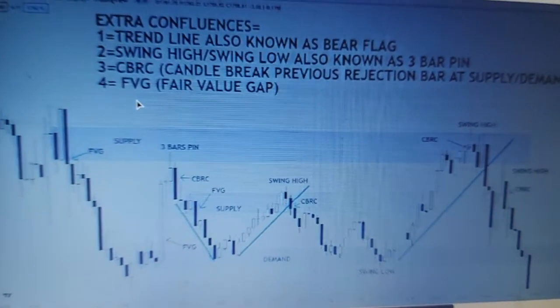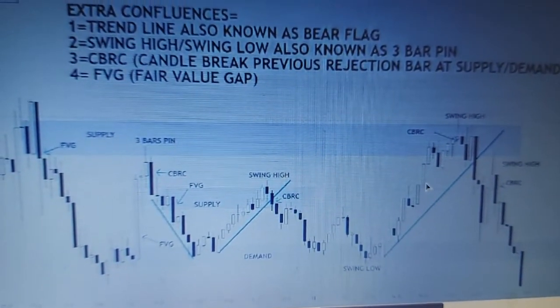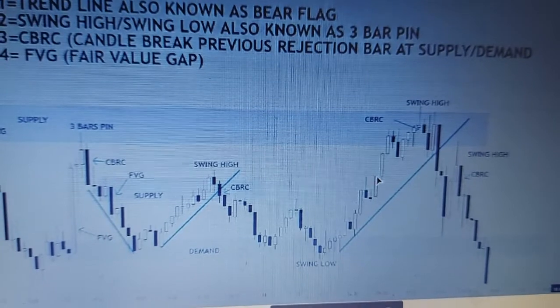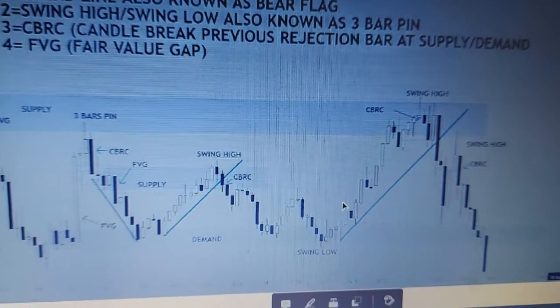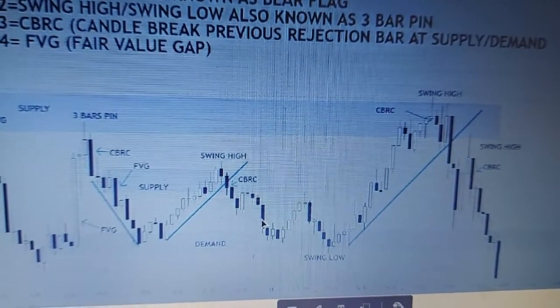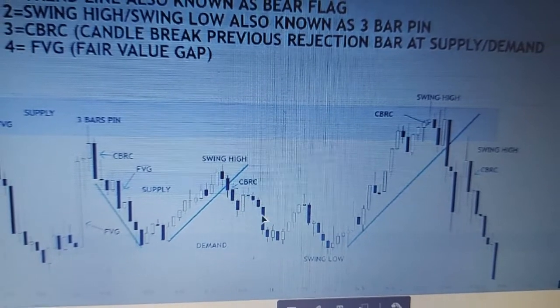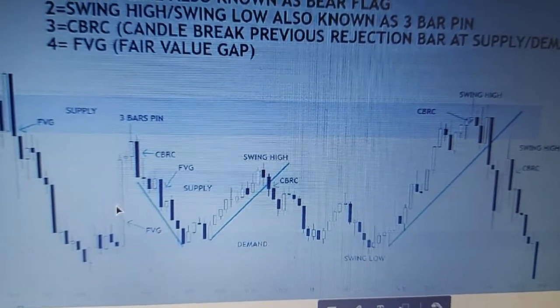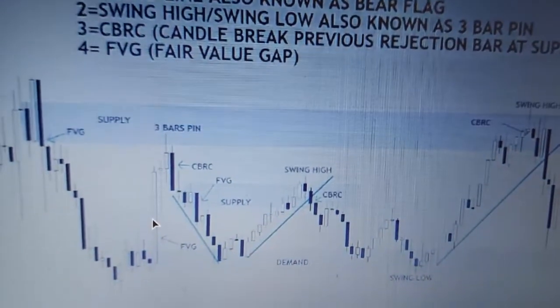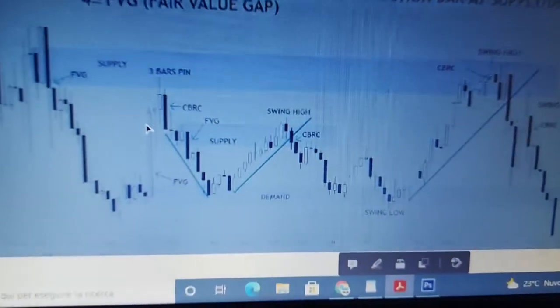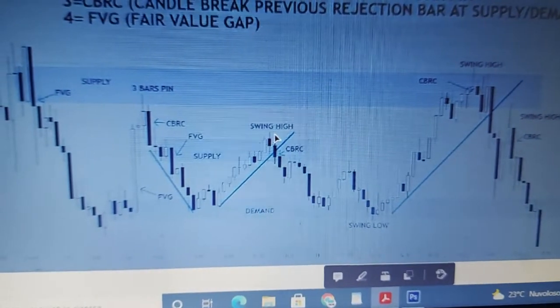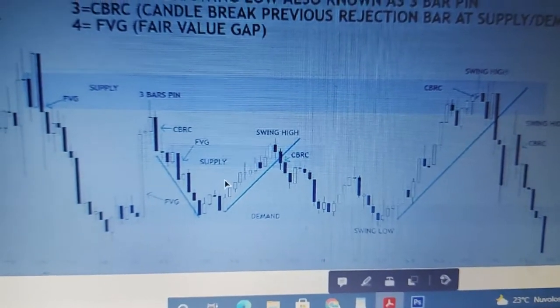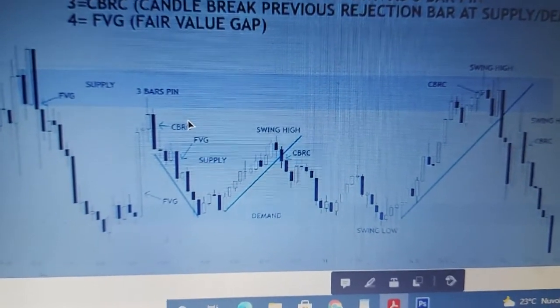And then fair value gap. Here you can see some nice fair value gaps, a huge imbalance, which is a fair value gap, and right there you have a huge imbalance again, also a fair value gap.